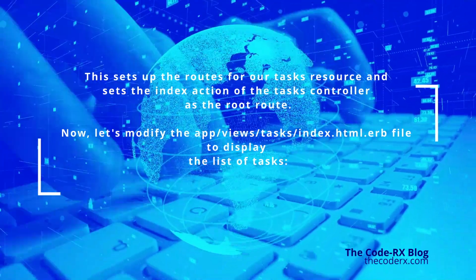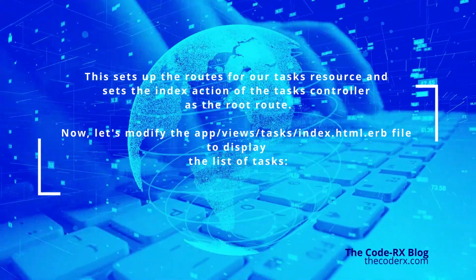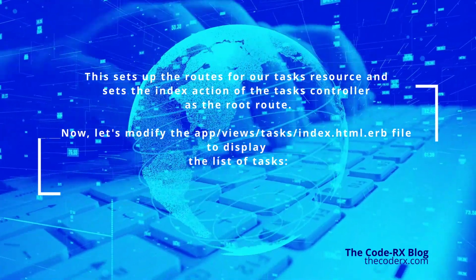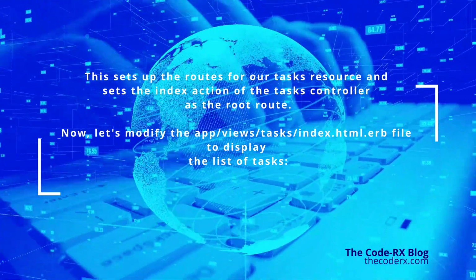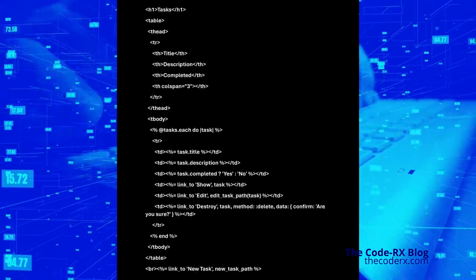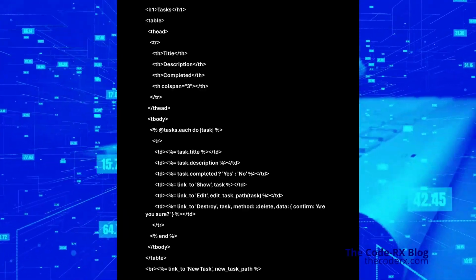Now let's modify the app/views/tasks/index.html.erb file to display the list of tasks. And then this is our code.